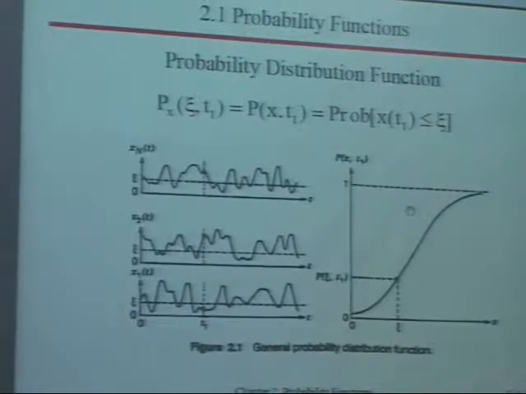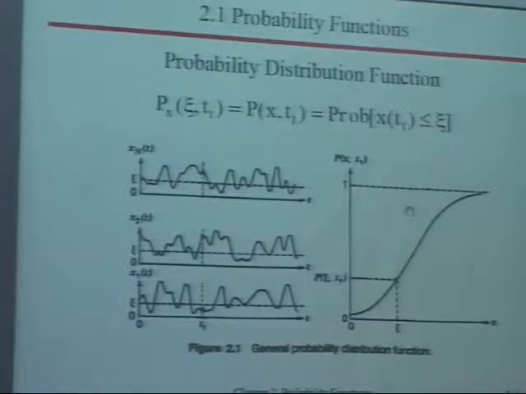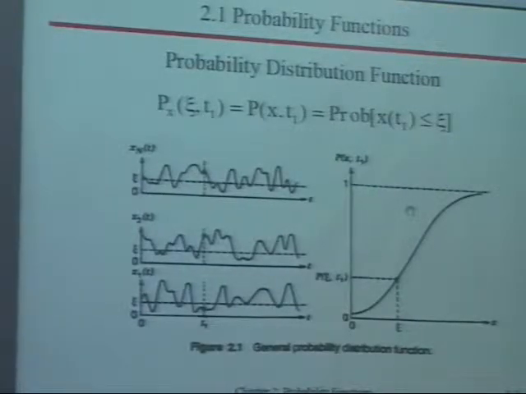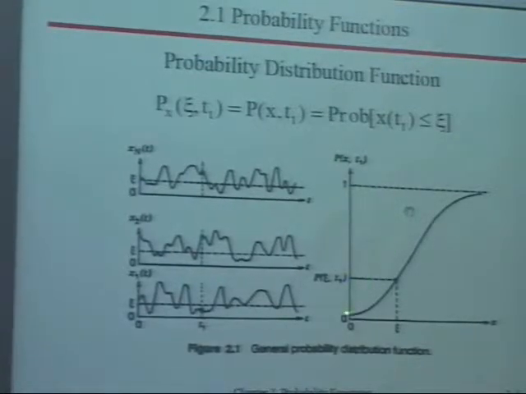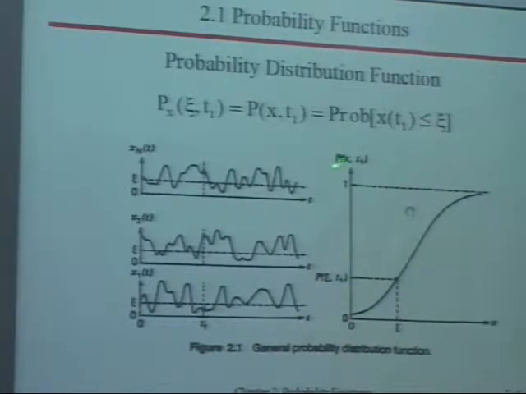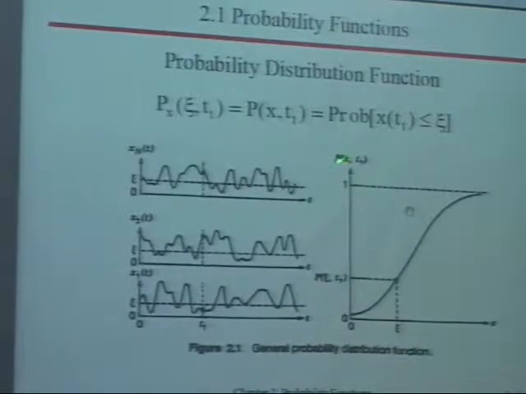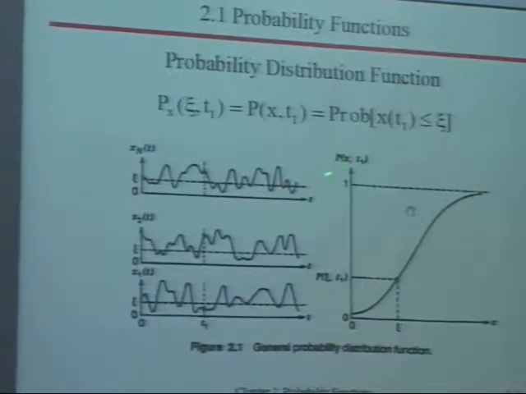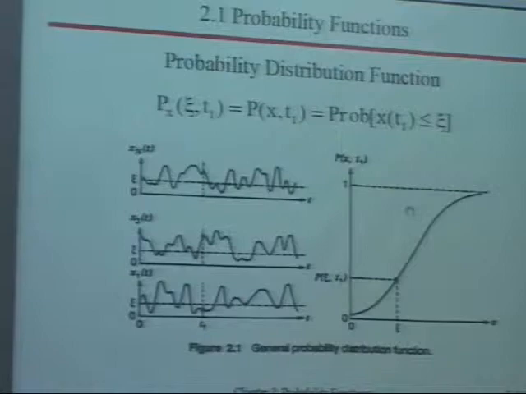Simply speaking, dP over dx is what the probability density function is. So the maximum value of a probability distribution function is equal to 1.